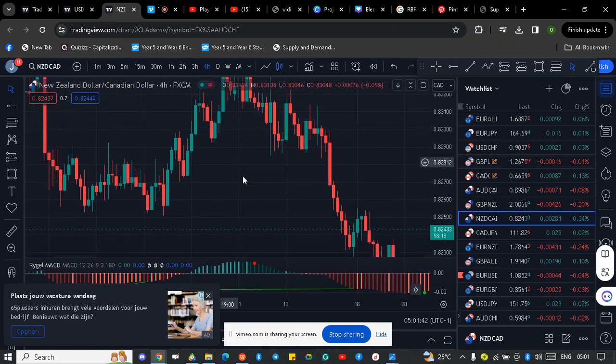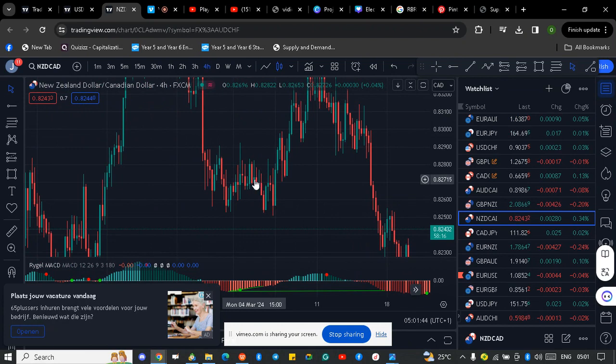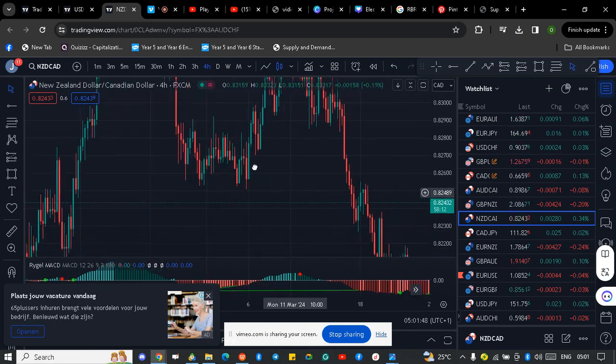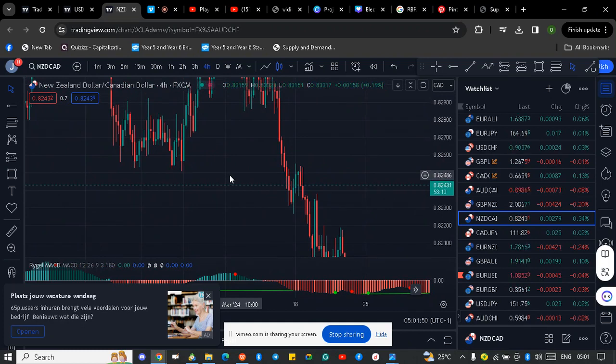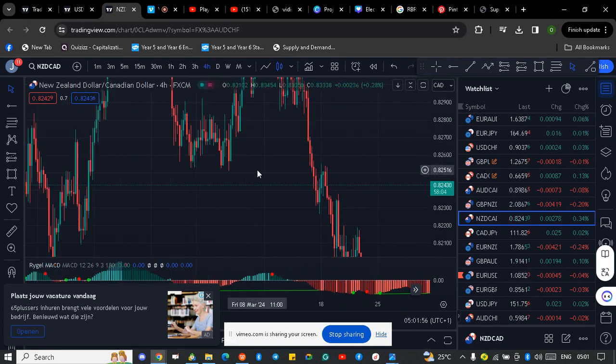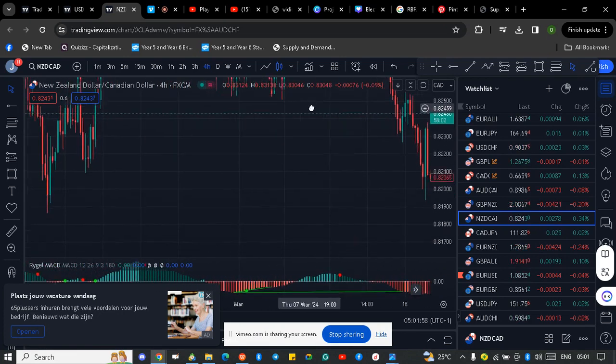Whenever you are marking those zones, flip zones, order blocks or supply zones, make sure you keep it on monthly, weekly, daily, and max put it on 4 hours. And that is that about that.